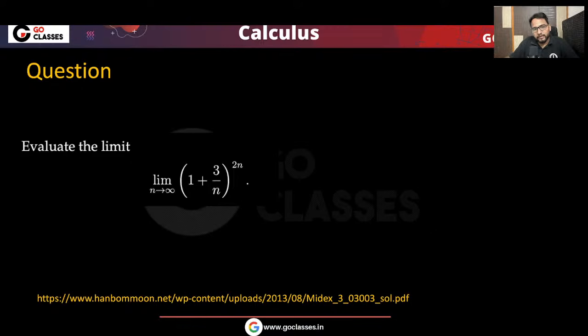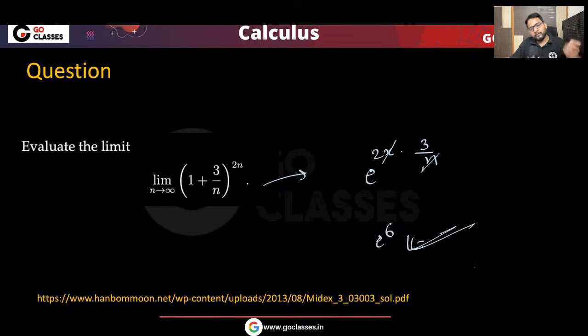So the cases here where it is having 1 plus something, then subtracting 1 is actually quite easy. So if you apply the trick, in the sense you apply this directly simplified form, it is into 3 by n, right? And now n will get cancelled out, it is e power 6. So e power 6 is your answer. Immediately you can answer. So even though you don't know that particular method, then also it will work.